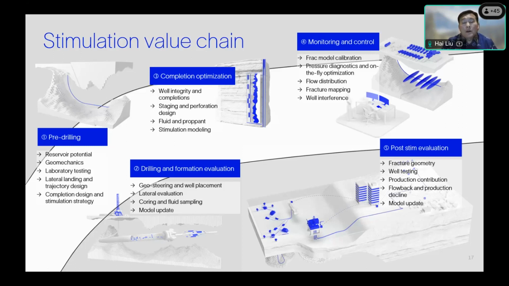This is where monitoring, diagnostics, and digital modeling become crucial. They allow us to validate assumptions, calibrate models, improve execution, and ultimately reduce uncertainty. This directly connects to the next presentations, where we will discuss how fiber optic monitoring and frac modeling can help the industry better understand fracture behavior in reality.